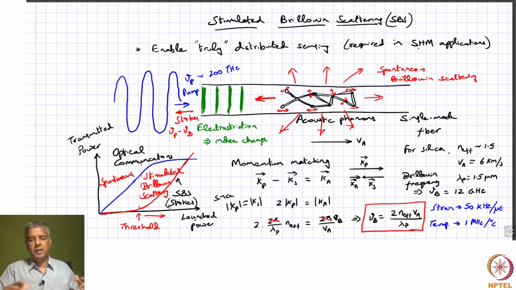So what is the trade-off between SBS and FBGs? FBGs are good when you know where you want to look for your strain or temperature changes, exactly which points, which locations you want to look at, and it's relatively cheaper compared to this SBS based sensing.